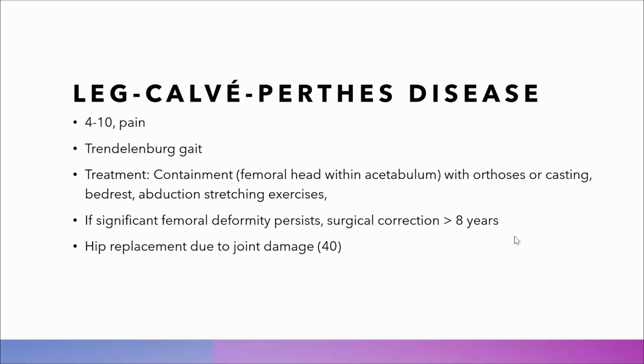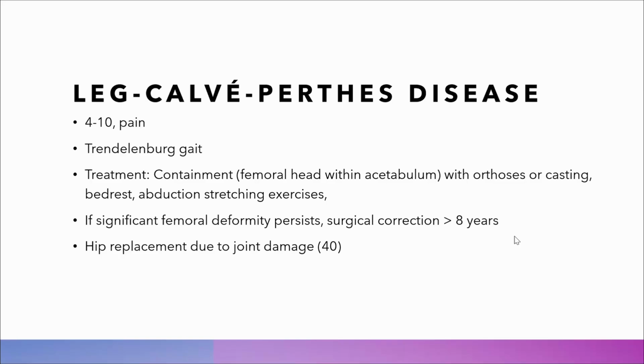Legg-Calvé-Perthes disease, again, age is important. Young age, 4 to 10, and the gait is important. Remember, we need to put the femoral head within the acetabulum because it's important for the growth. Otherwise, that kid's limb growth will be affected, the length of the limb.